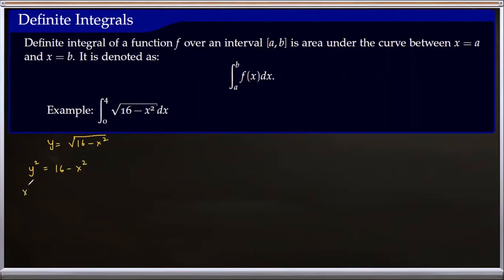Now, if you add x squared to both sides, it will look like x squared plus y squared equals 16, which is simply a circle with radius 4, because we have 16, which is 4 squared, and center 0, 0. So we can draw the graph of such an object, a circle with radius 4 and center 0, 0.